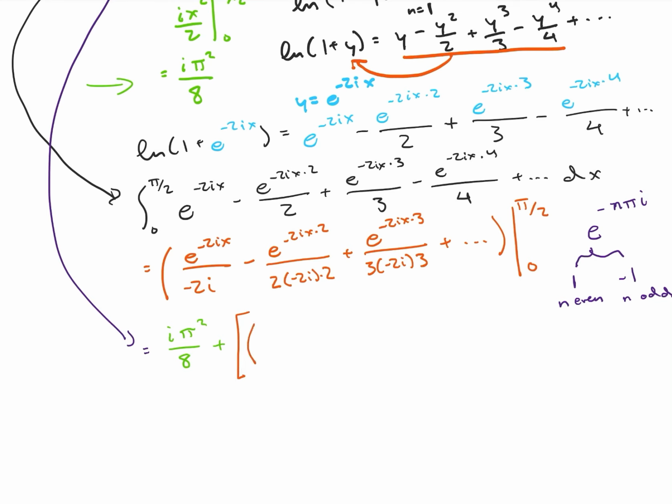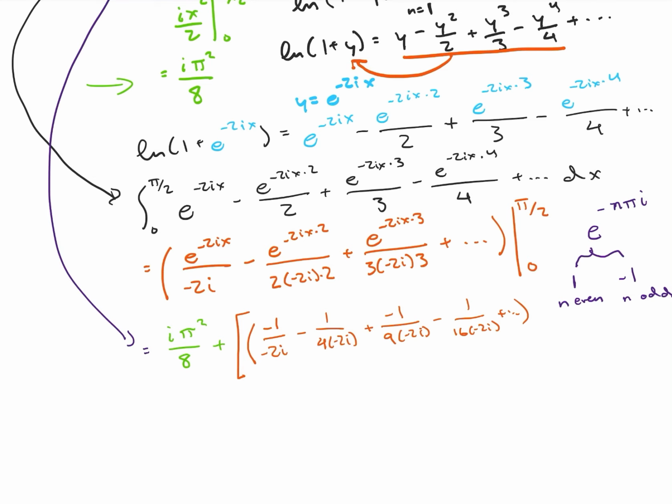So when I plug in pi over 2, if I plug in 1, I'm going to get negative 1 over negative 2i minus, now I have an even, so I'm going to have 1 over 4 times negative 2i plus negative 1 over 9 times negative 2i minus 1 over 16 times negative 2i, and so on. That's when I plug in pi over 2.